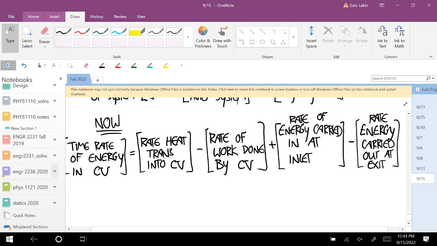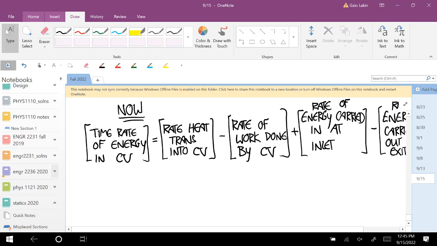Okay, so let's start thinking about what this would add to the differential first law.